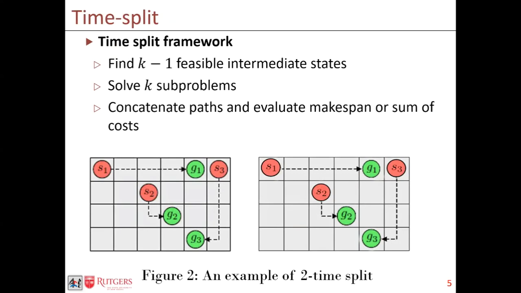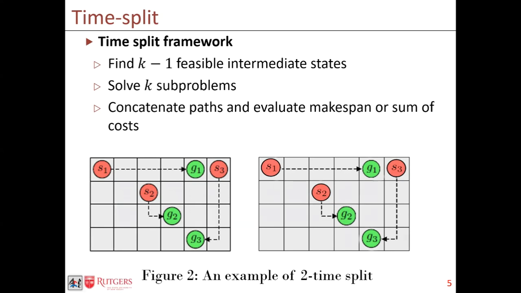We designed two heuristics. Both of them are based on divide and conquer. That is, first we divide the original problem into several subproblems. We solve these problems separately and then combine the solutions. First, let me introduce the time split, which performs the split over the time domain. We split the original problem into k subproblems.